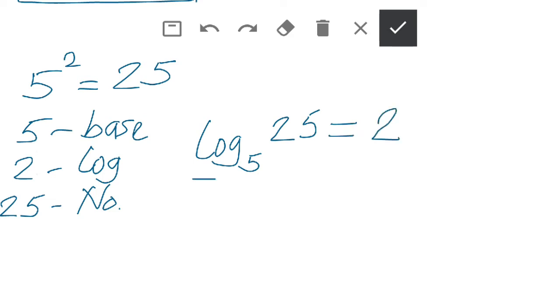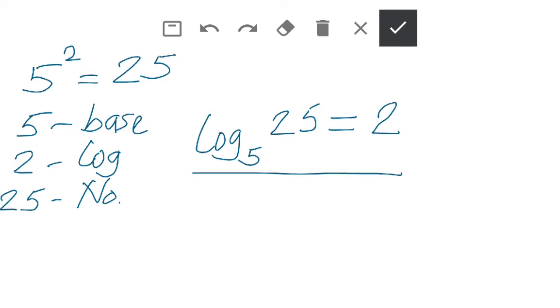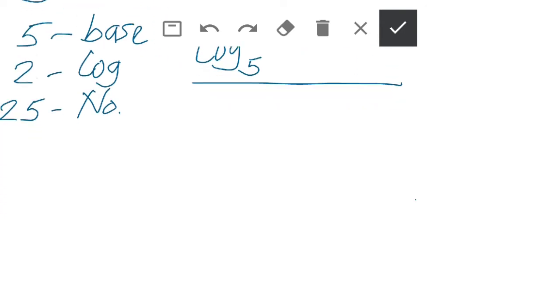So in short, the log to base 5 of 25 is 2. Just like I've mentioned before, log to base 5 of 25 equals 2 is what is referred to as the logarithmic notation. So I want you to try the following. Express the following in logarithmic form.